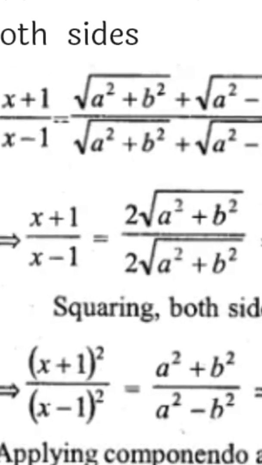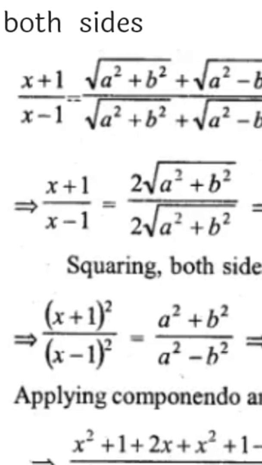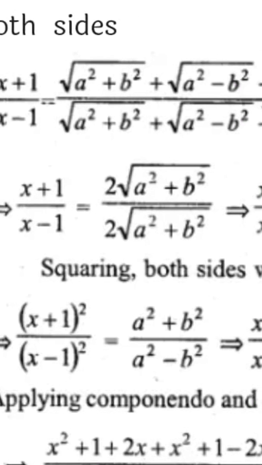In the denominator we have square root of a square plus b square and with the minus sign square root of a square plus b square, which will get cancelled. Or adding the similar values twice, we get the expression x plus 1 upon x minus 1 equal to twice square root of a square plus b square upon twice a square minus b square. It's a correction here. It's minus b square that you'll get.